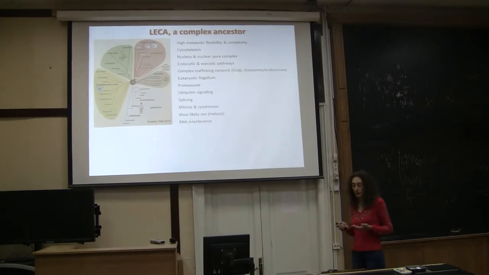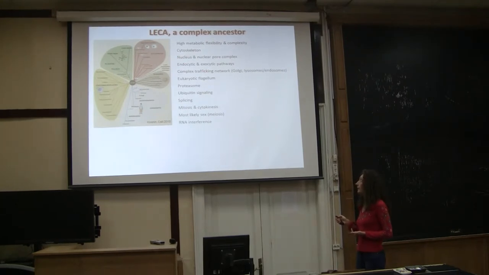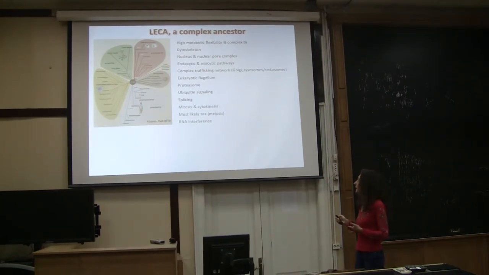So the last common ancestor of eukaryotes was something already quite complex with several thousands of genes that had a high metabolic flexibility and complexity, a developed cytoskeleton, nucleus and nuclear pore system, a complex system of endomembranes with endocytic and exocytic capacity and various endomembrane-bound organelles, a eukaryotic flagellum, a proteasome, ubiquitin signaling, splicing, mitosis, meiosis, and even RNA interference. So the features that are generally widespread today in eukaryotes.